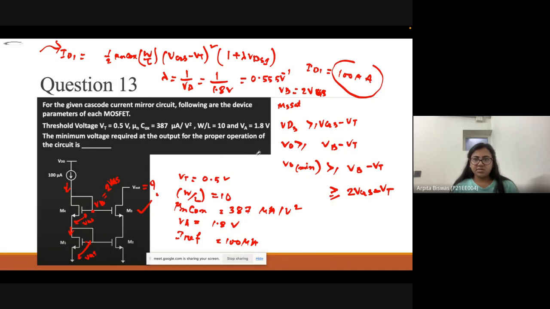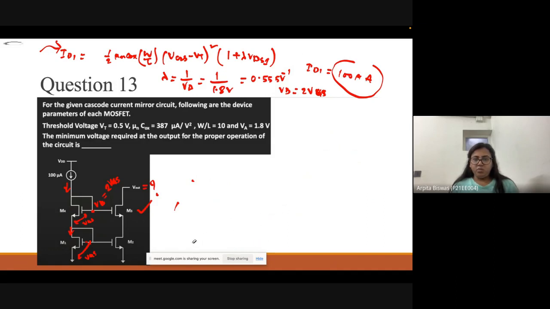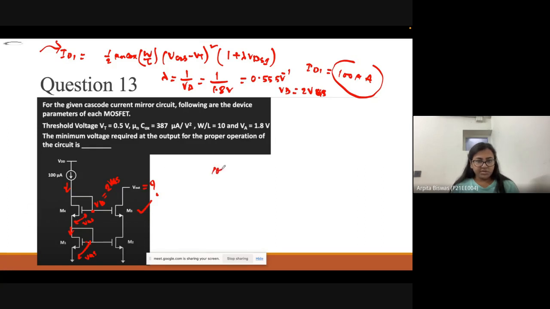So we can write 100 microamps equal to half of 387 microamps per volt square into 10 into (VGS minus VTH) whole square into (1 plus 0.555 into VGS).